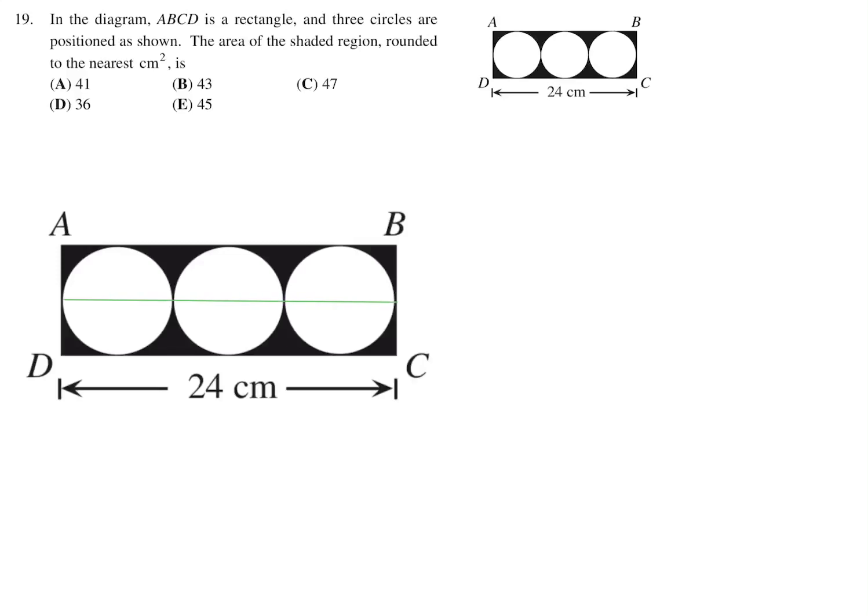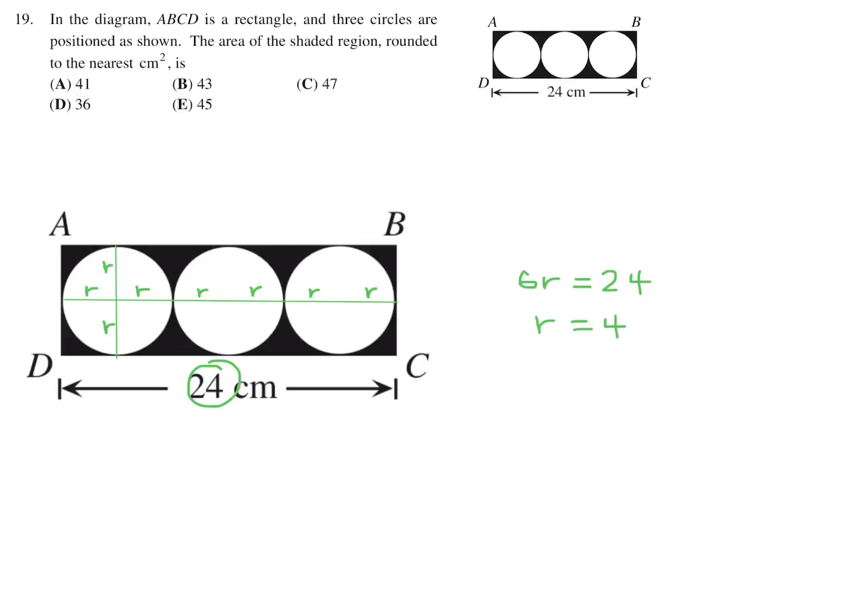I'm going to draw a line all the way across that represents 3 consecutive diameters, and then a line top to bottom that represents a diameter also. If you look at this graph, you'll see that this is the radius, and so on. Radius, radius, and so is this one and that one. From a horizontal perspective, 6r is equal to this 24, and therefore r is equal to 4.